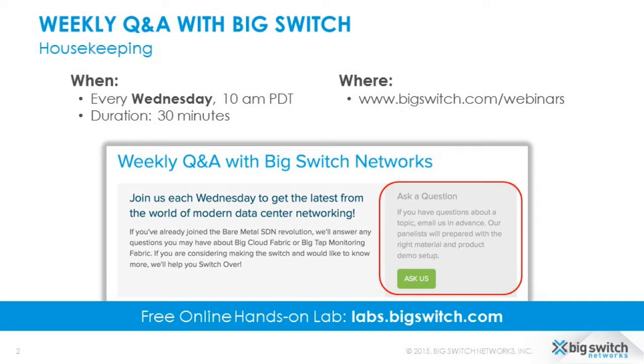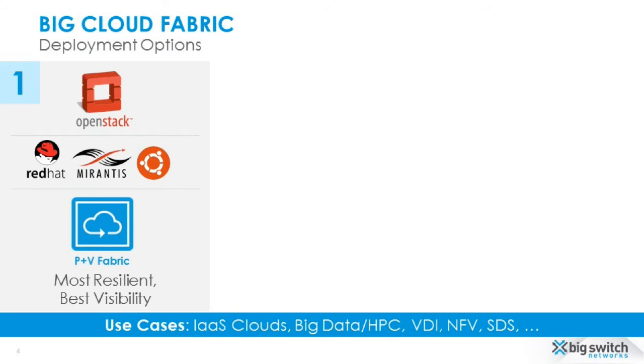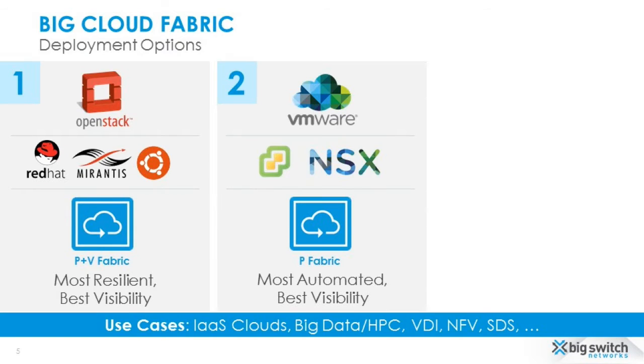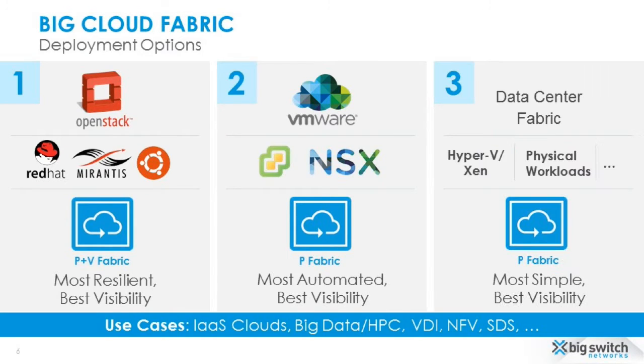Before I hand it over to JP and he goes into the details of OpenStack integration for the Big Cloud Fabric product, let me spend a few minutes talking briefly about the different deployment options that we have for the Big Cloud Fabric solution. We've gone over the details of the architecture of Big Cloud Fabric in multiple webinars and videos in the past, so I will not repeat that in a whole lot of detail.